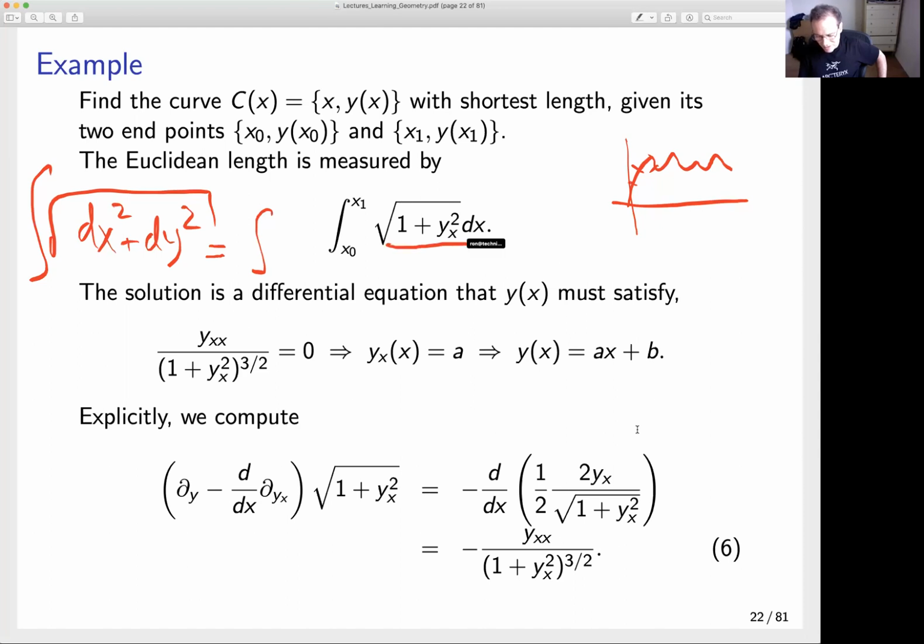So dx squared divided by dx squared would be 1. Roughly speaking, dy squared divided by dx squared would give me y_x squared, and the dx goes outside of the parentheses, and I'm getting this as a way of measuring the length, the Euclidean length of the curve.